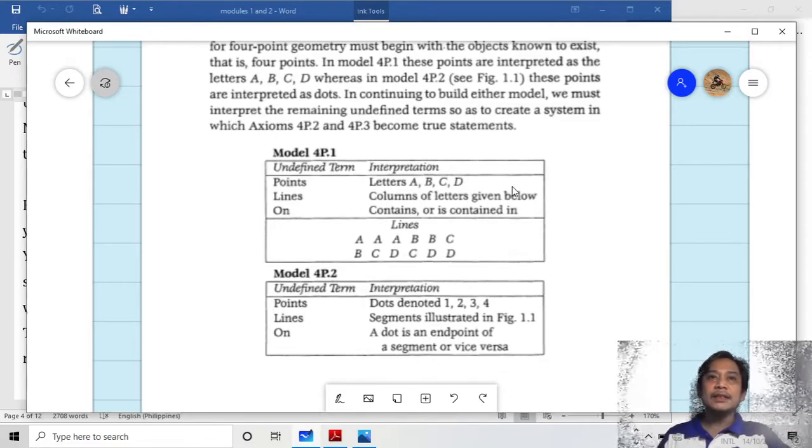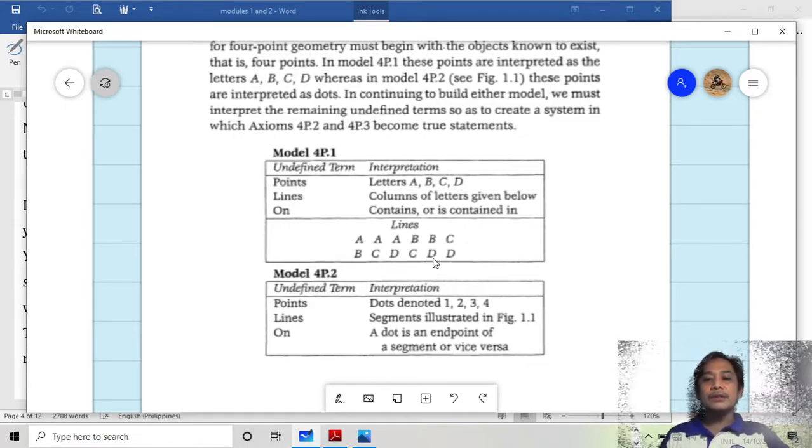Second axiom tells us that every 2 points is on exactly 1 line, meaning each pair of points is contained in exactly 1 line. Therefore, each pair of letters should be in 1 column. So for pairs containing A, we have AB, AC, and AD. For pairs containing B, which do not contain A because those are already counted, we have BC and BD.